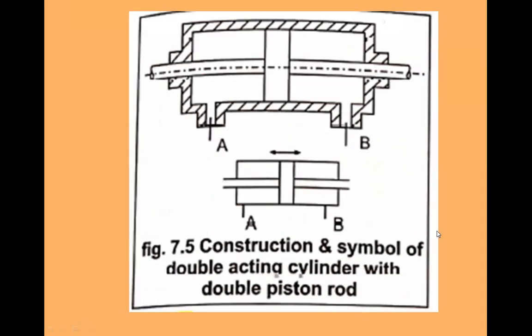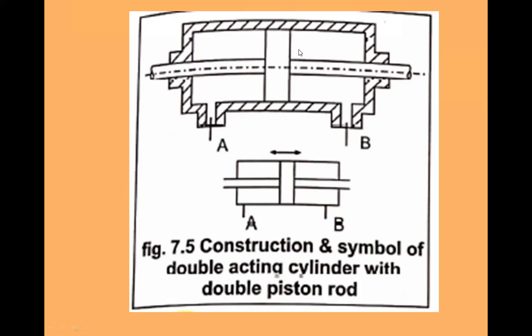So this is the construction or schematic diagram of a double acting cylinder with a double piston rod. You can see this is the same diagram as the previous one, but here the piston rod is in both directions. Here also through this port A you can take fluid inside, and that fluid will exert force on the surface of the piston.